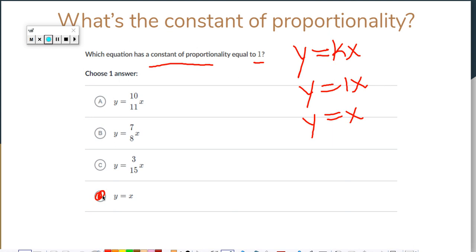Oh, so here we go right here. Y equals x is the same thing. Why? Because when you have y equals x, whenever you don't see a coefficient, that coefficient really can be a 1. All right? So these other ones are wrong because 3 divided by 15 is not 1, 7 over 8 is not 1, and 10 over 11 is also not 1.